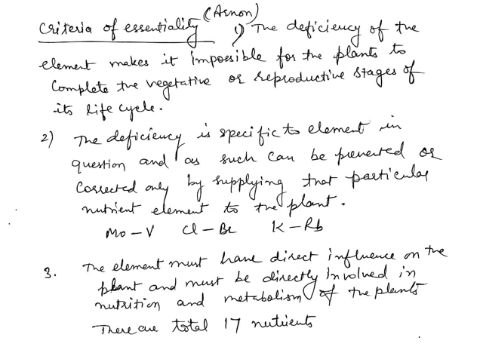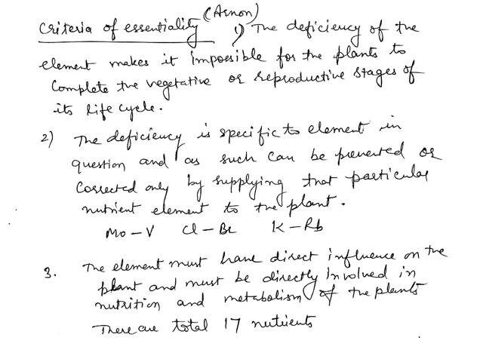If the element is not in that quantity or is absent in the plant, it is impossible for the plant to complete the life cycle stages.